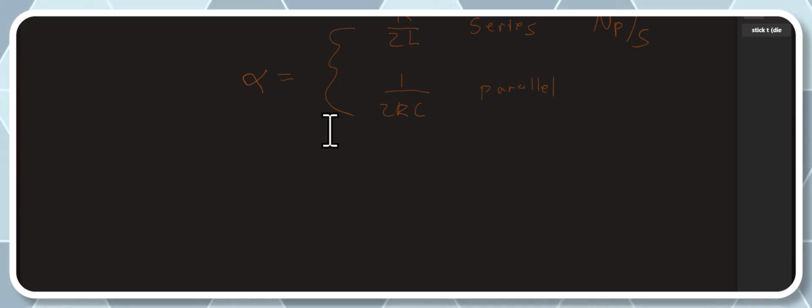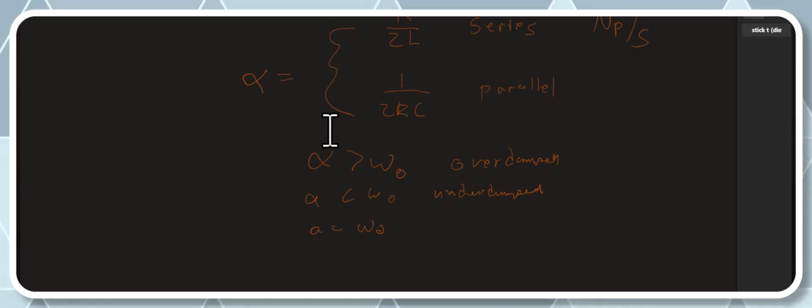Okay, and then you use this alpha, as you already know. If alpha is greater than omega naught, then it's overdamped. And alpha less than omega naught is underdamped. So per second is a frequency? Yes. So the frequency is larger than omega naught frequency?